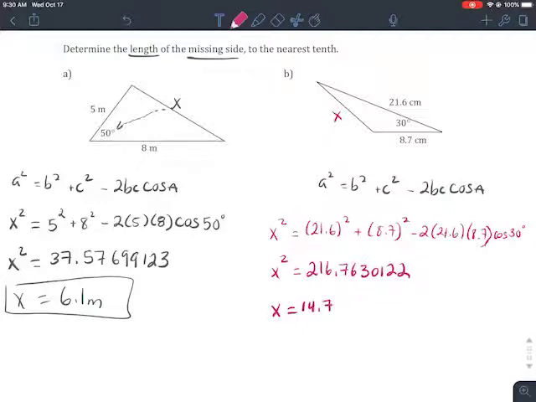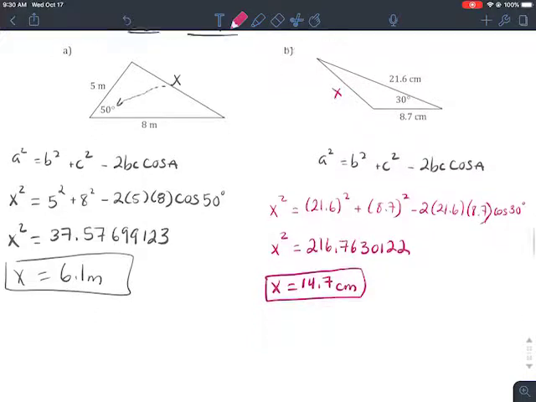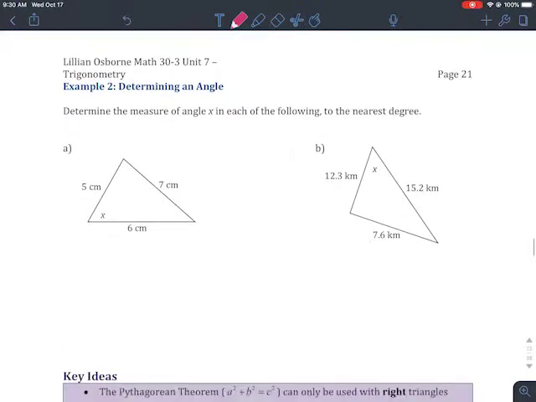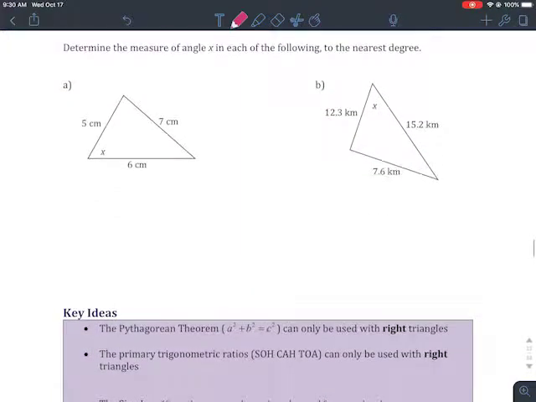If you square root both sides to the nearest tenth, x turns out to be 14.7 centimeters. Okay, so not terribly difficult. The formula just is long, and as long as we put things in the right place, we're able to use that formula to solve for what we want. Okay, so there's how I could use it to find a missing side.